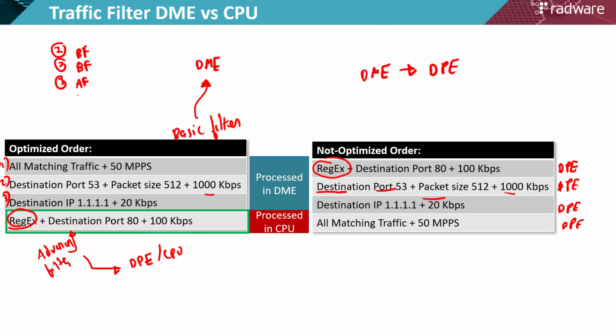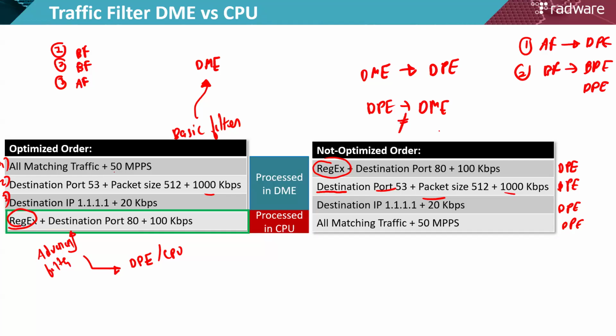The reason being, if we mention advanced filter on the top and then we have basic filters, this would be processed in DPE, and everything else would also be processed in DPE. It cannot go from DPE to DME. It always flows from DPE to DPE.